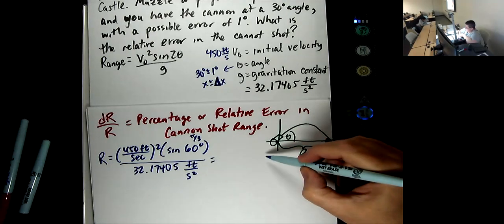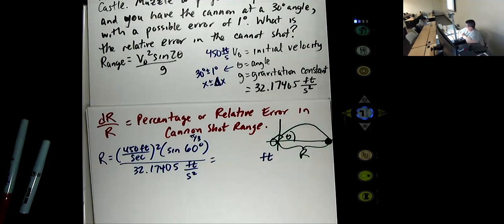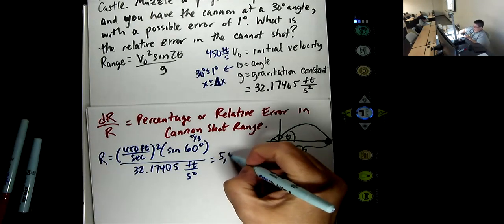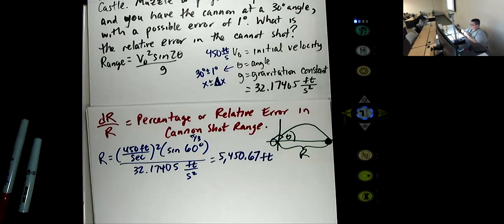When you calculate this out, the seconds squared go away, one of the feet cancels, we're just left with feet. Do this again and make sure my initial calculation was correct. I'm getting 5,450.67. So that's the range I think my cannon's going.